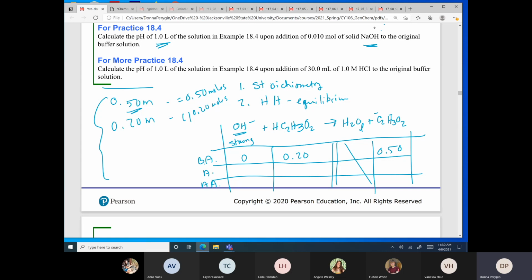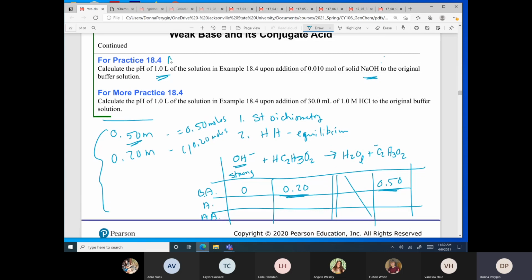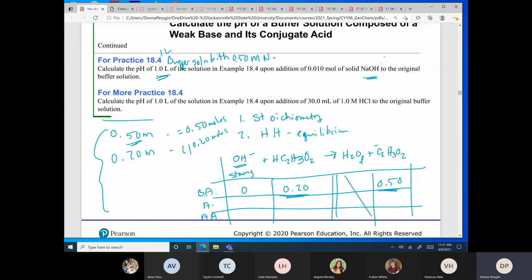So let's say we've got 0.50 moles of acetate, because that's what they're saying in this example, and 0.20 moles of acetic acid. So let's rewrite this problem. A buffer solution, let's say a 1 liter buffer solution with 0.50 molar sodium acetate and 0.20 molar acetic acid.